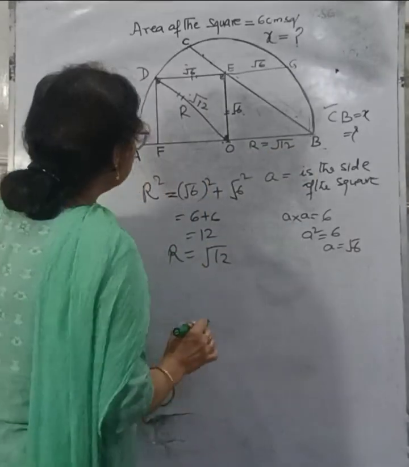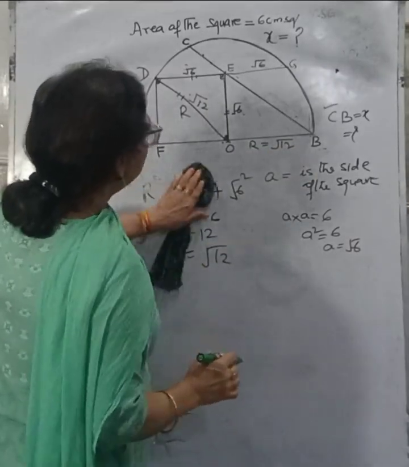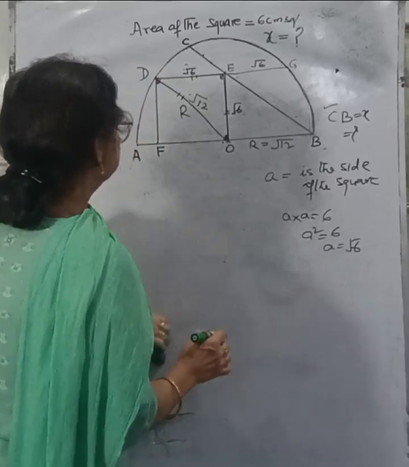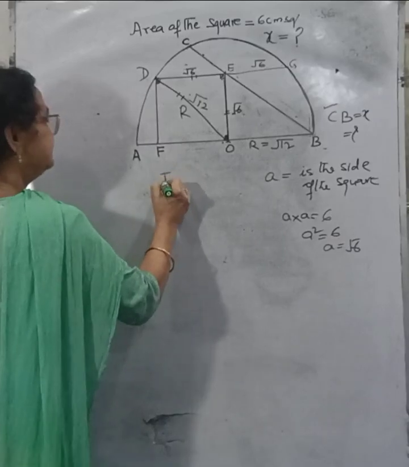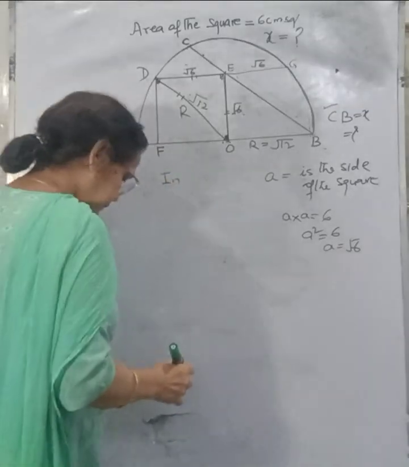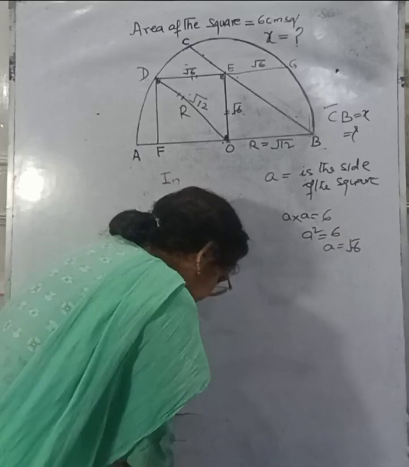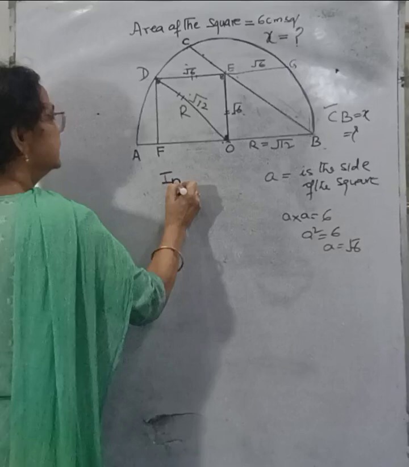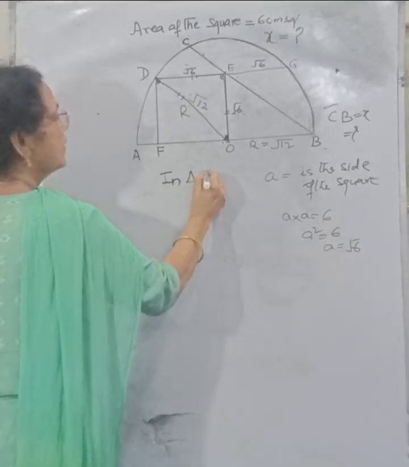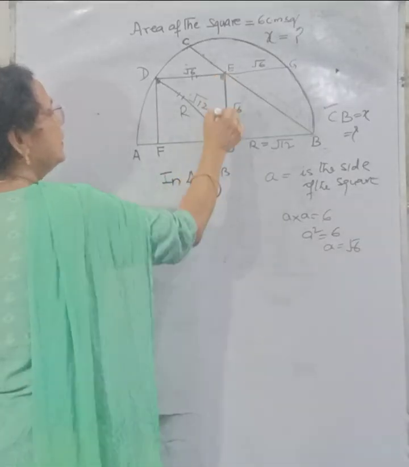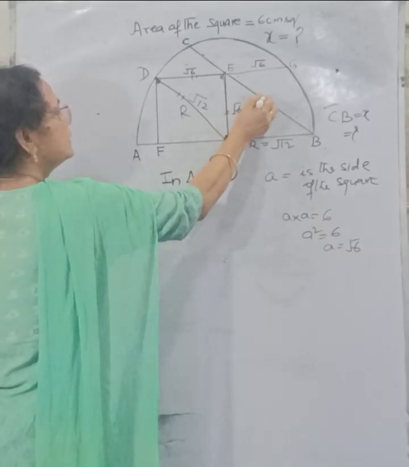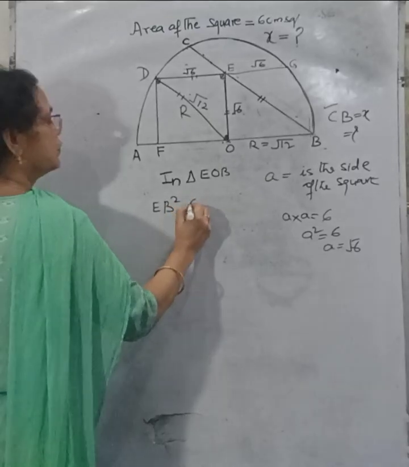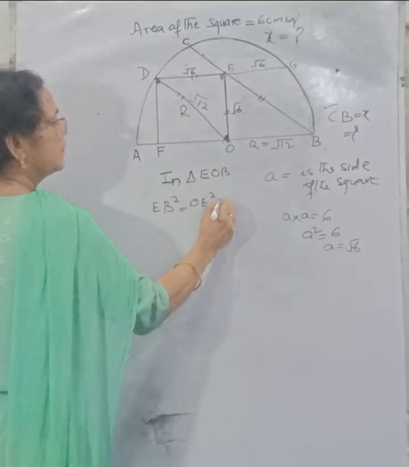We are now taking the triangle EOB, in which EB square will be equal to EO square plus OB square.